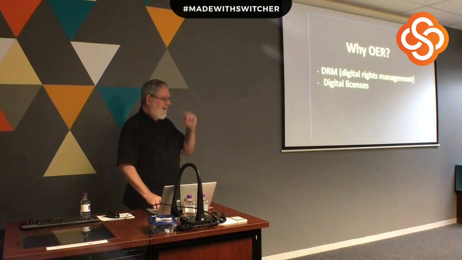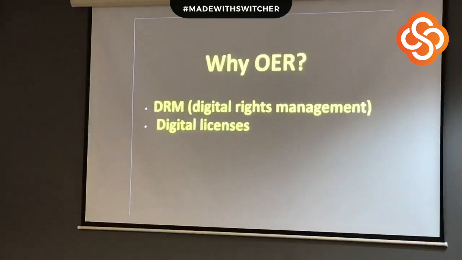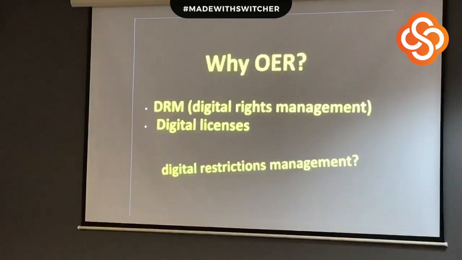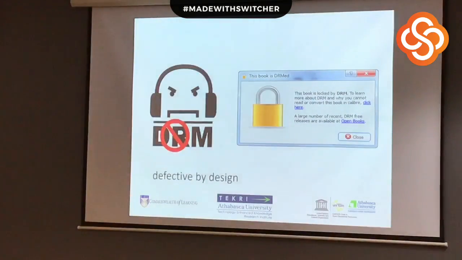So I'm running out of time, my God, I keep diverging off into the sideline, but I want to talk quickly then about digital rights management and digital licenses, because that's why we really must have OER. They're putting in digital locks, and they have restrictive licenses.